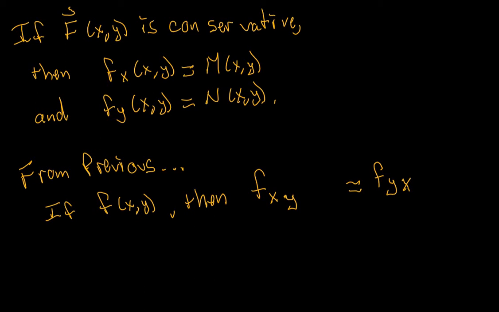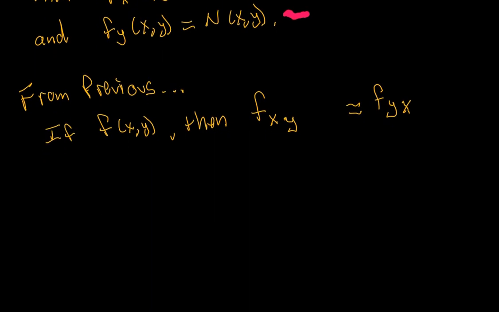So let me shed a light on that. We just found out up here that the x partial derivative is also called M, and the y partial derivative is also called N. So I'm going to rewrite the statement that we have here.